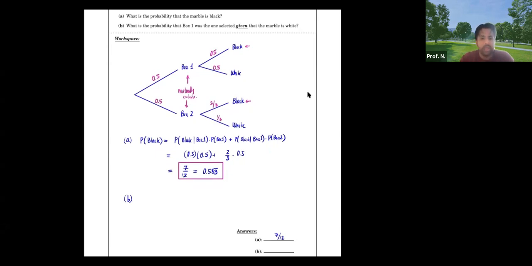We can use the formula that we defined last class, but let's try to use the tree diagram to make sense of it. I want to find the probability that, given that it's a white marble, it's from box 1.